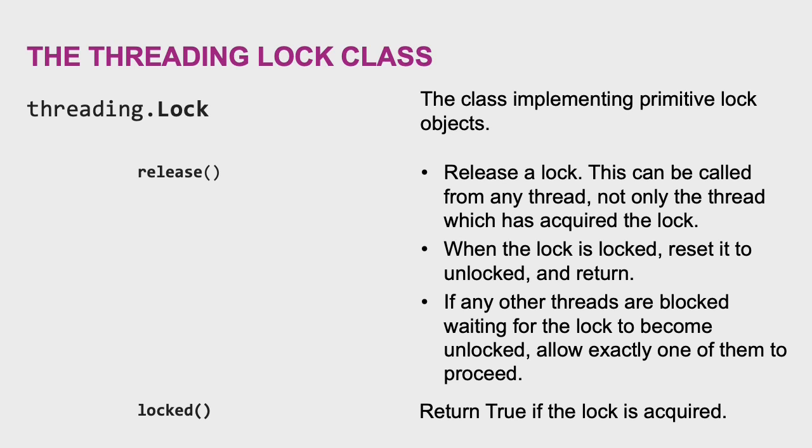You maybe don't want this. In this case, you can use the locked method to query the lock and ask if it was already taken by some other thread. And you can adapt your thread synchronization logic accordingly.